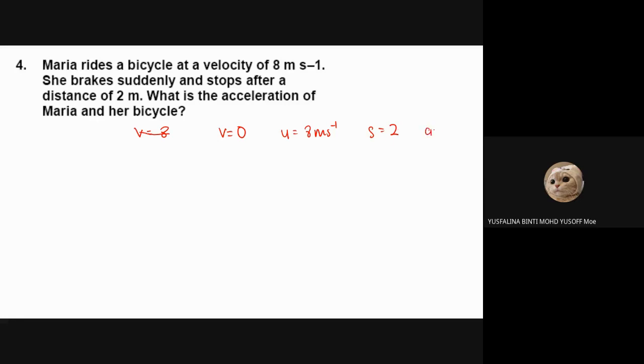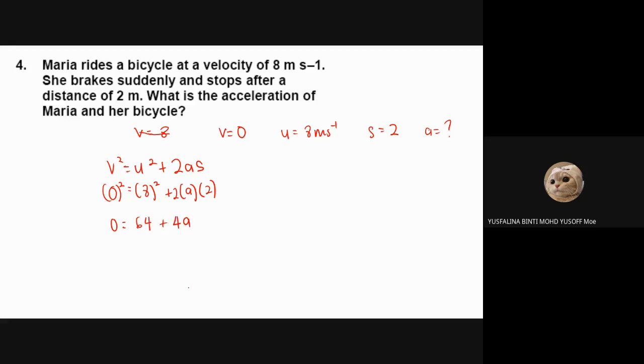So use V square equals U square plus 2AS. V is 0, U is 8 square, plus 2, A you need to find, and S is 2. So 0 equals 64 plus 4A.